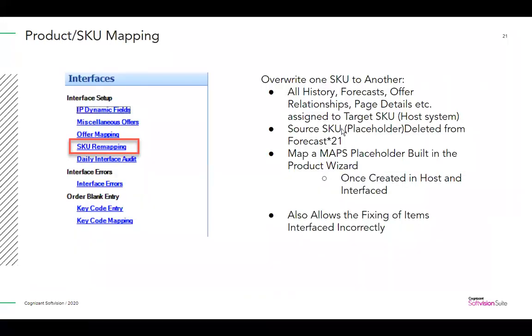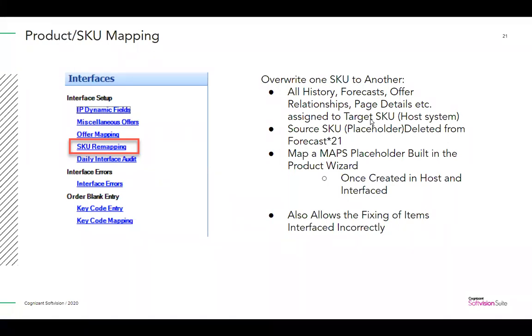All right, so then with that, I'll hand it back over to Janine to discuss mapping here. Thanks, Megan. We do have an option that Stu mentioned earlier when we started the webinar, that if you are creating placeholders within our application, we will have to do a step that maps that placeholder to the product once it's created in your host system and is fed over to us.